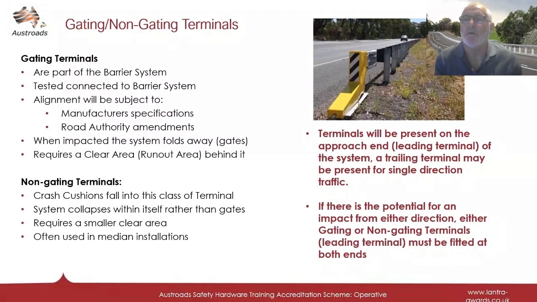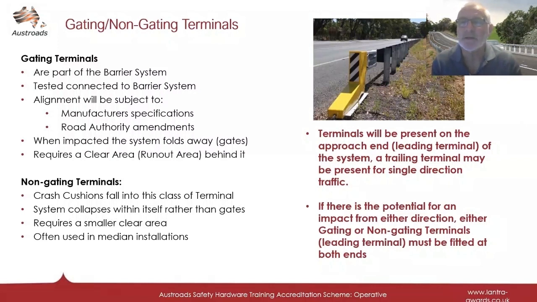So looking at both gating terminals and non-gating terminals, gating terminals are part of a barrier system, tested and connected to the barrier system. Alignment will be subject to the manufacturer's specification and if there are any road authority amendments.